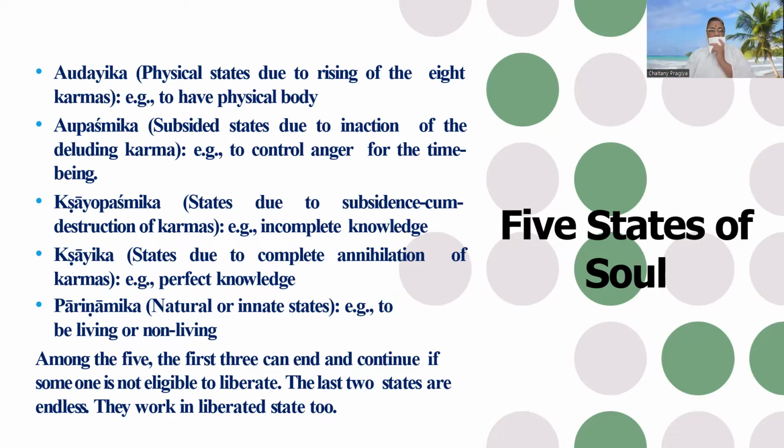This Parinamic bhav pertains especially to our inner or natural states which are not affected by the karmas. They are given. They are the fundamental nature of the things. Among the 5, now we would see, when we are talking about charam and acharam, we have to see which states get an end and which states do not get an end.